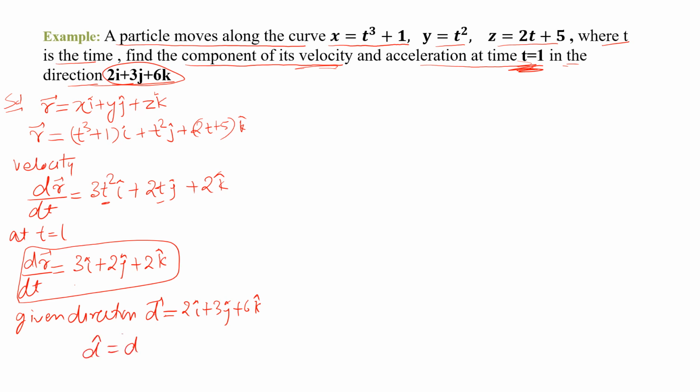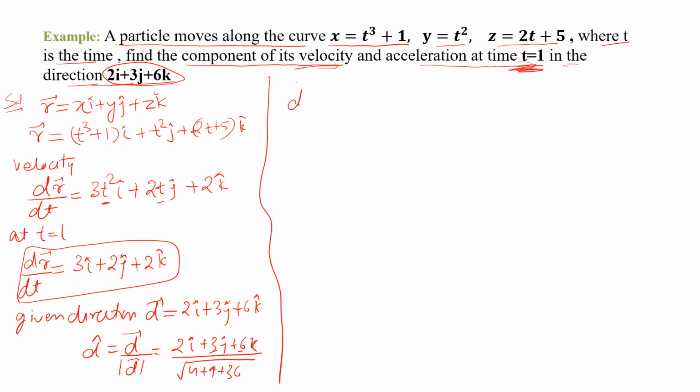We get the vector and the magnitude of that vector: root of the square of 2, that is 4, the square of 3, that is 9, the square of 6, that is 36, which gives 7. So the unit vector d is 1 by 7 times (2i plus 3j plus 6k).